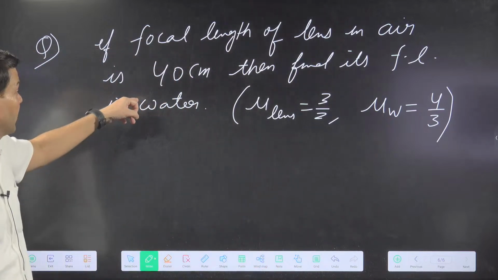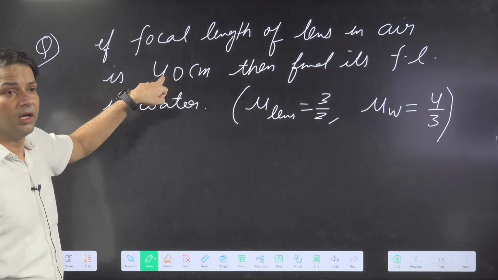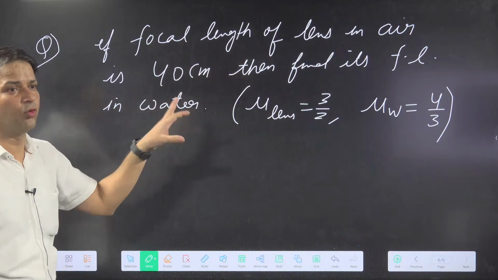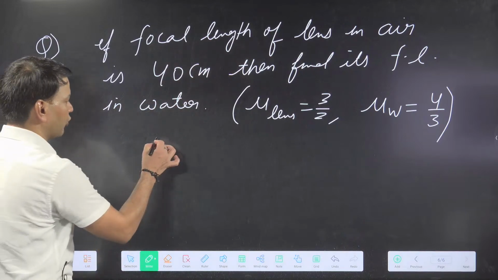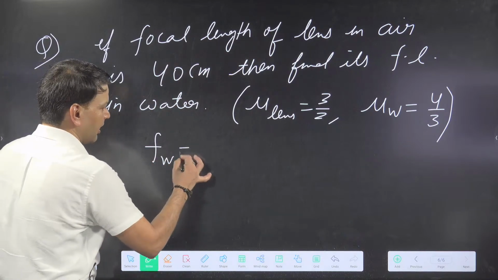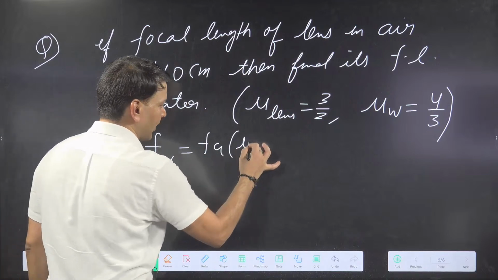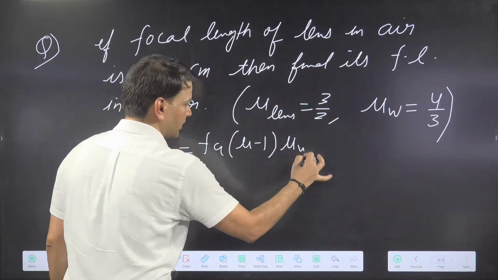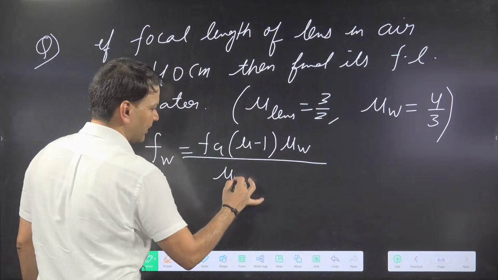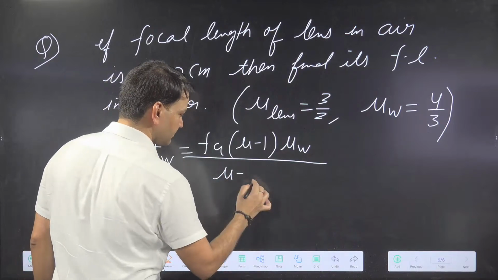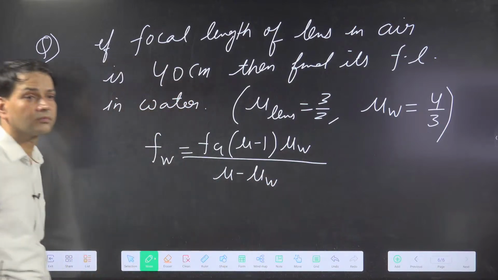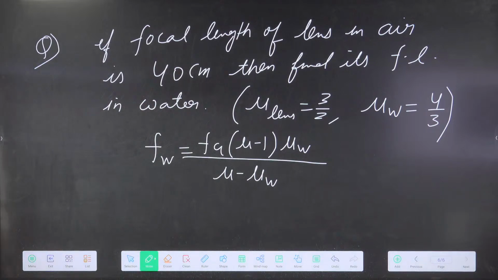Okay. So here the focal length of the lens I have given in air is 40 centimeter, and I am asking the focal length in water. Then the focal length in water, what you will say? Fa into (mu minus 1) into mu water upon (mu minus mu water). Okay. Now you will put the values.